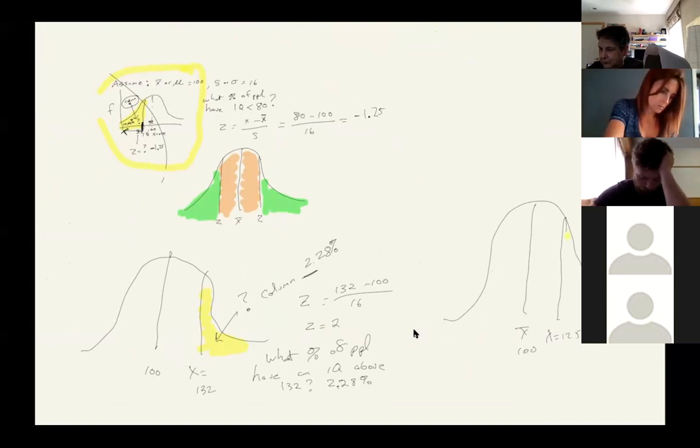You said 1.25? No, just 125, an IQ of 125.